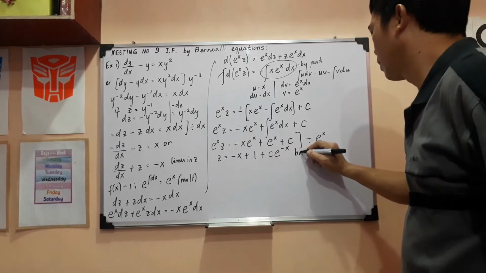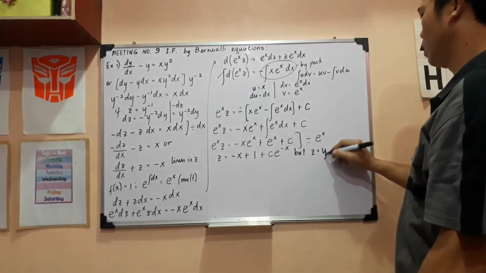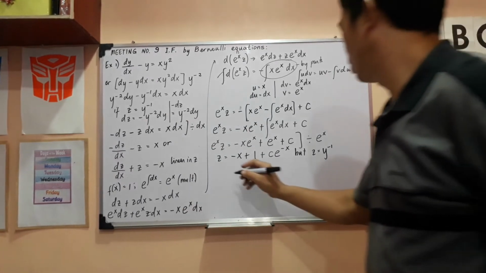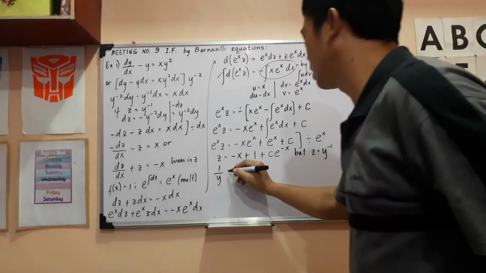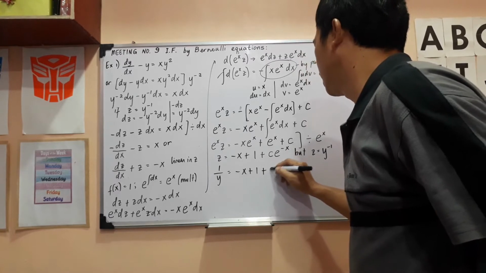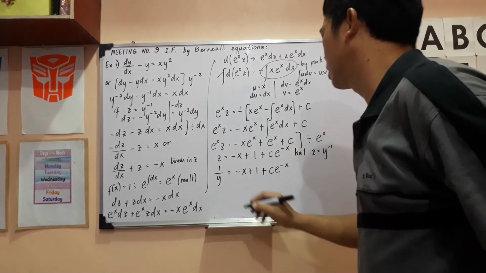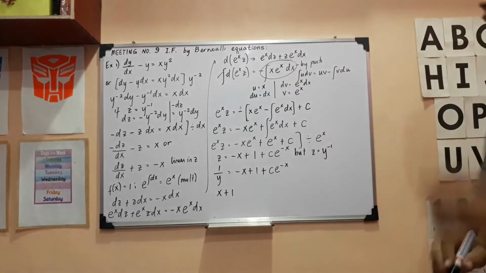But z is equal to what? z is equal to y raised to negative 1. So, we have 1 over y, as y raised to negative 1, is equal to negative x plus 1 plus c e raised to negative x. Or, x plus 1, okay?